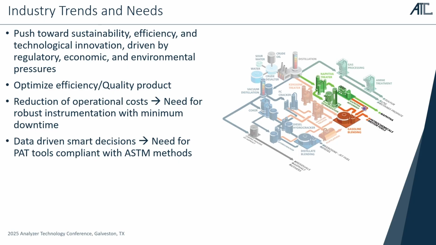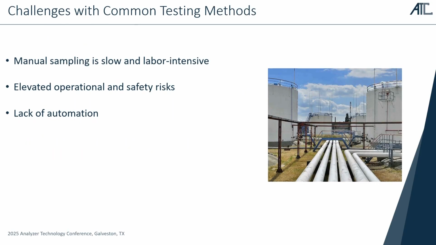And we also see trends that everything goes towards data analysis, using more data of your product to make smart decisions, or even let software make smart decisions for you. And by using PAT tools like process spectroscopy and being compliant with ASTM methods, that's kind of what we want to achieve, and that will bring you closer to your goals.